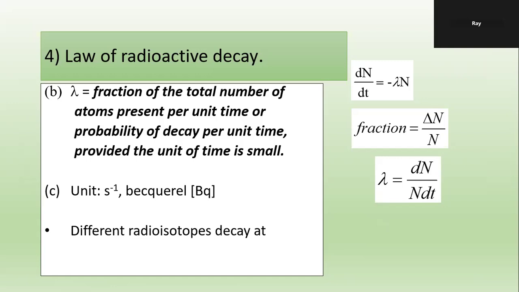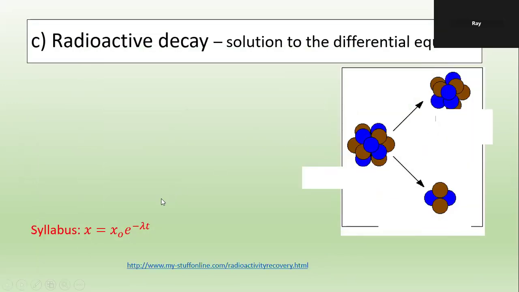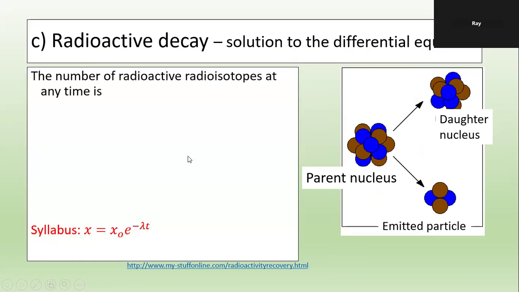Different radioactive isotopes decay at different rates, and the rate is constant. This one is in the syllabus. This is a solution to the differential equation.